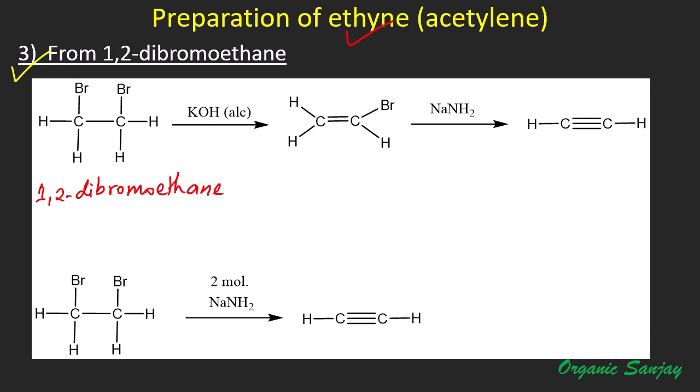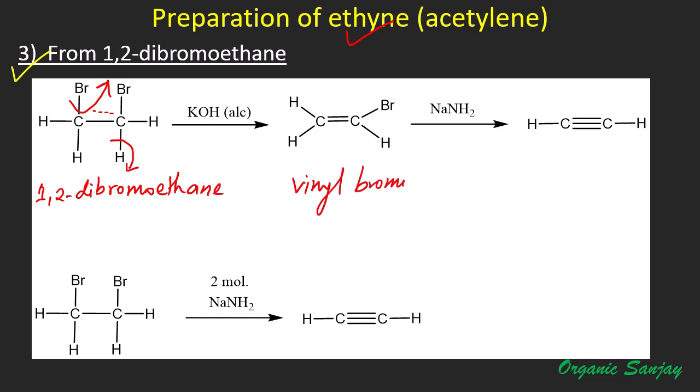When we put this 1,2-dibromoethane in alcoholic KOH, there will be a dehydrohalogenation reaction. It means a hydrogen atom and a bromine atom will be eliminated from the molecule at first, and one bond will be formed here. So this intermediate compound will be formed. We call it vinyl bromide.